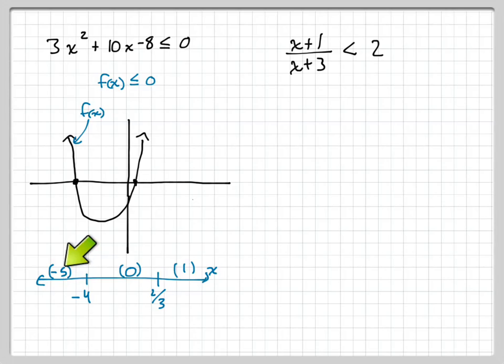It's up to you. So let's plug in -5 right here. That might be kind of big. -5 squared, multiplied by 3, plus 10 times -5, minus 8. What do we get? That's a positive 25, and times 3, a really big positive number.